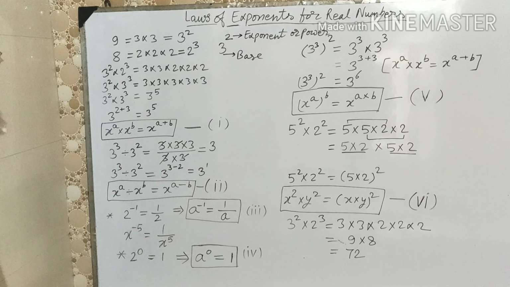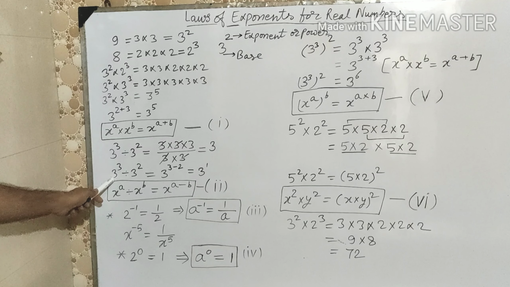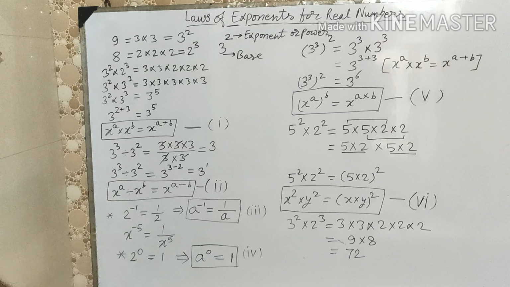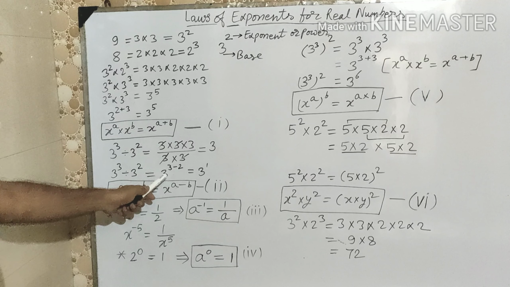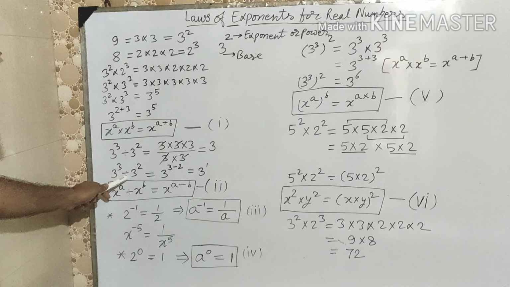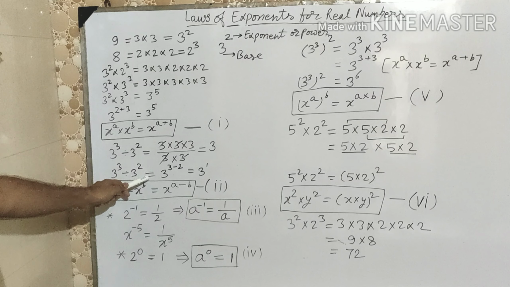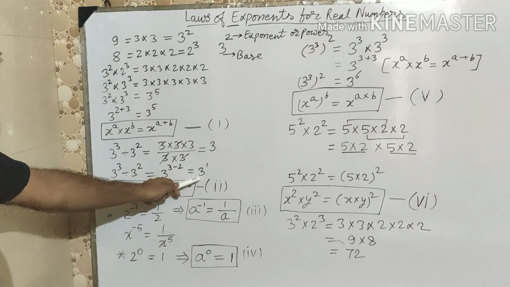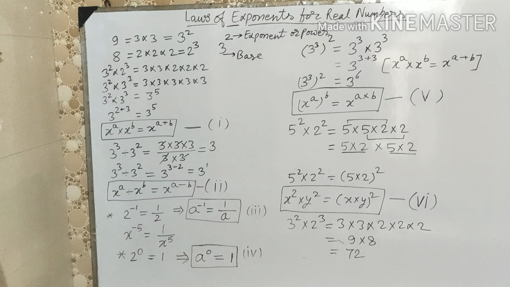If bases are the same and exponents are different, in case of division we have to subtract their exponents for simplification. So 3 to the power 3 divided by 3 to the power 2 equals 3 to the power 3 minus 2. So finally we get 3 to the power 1.